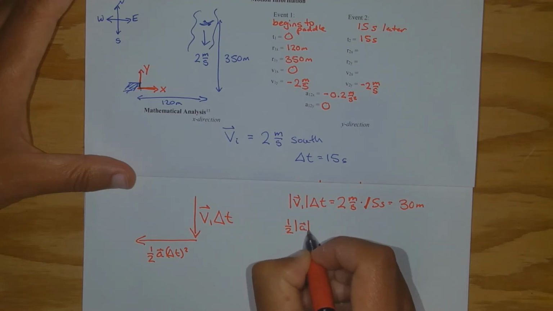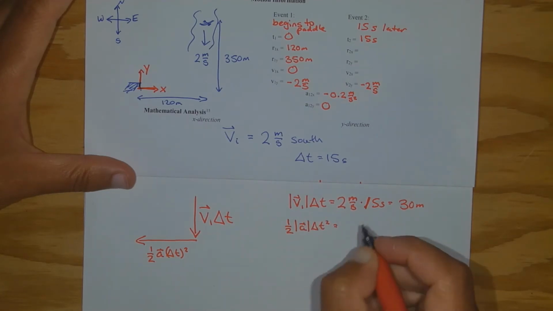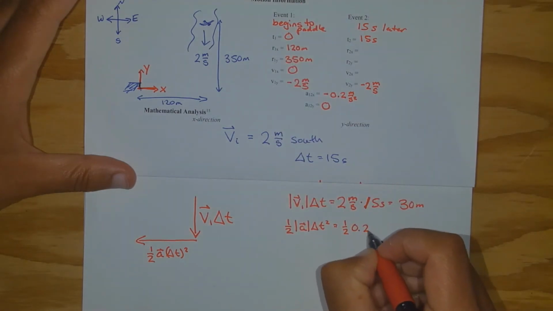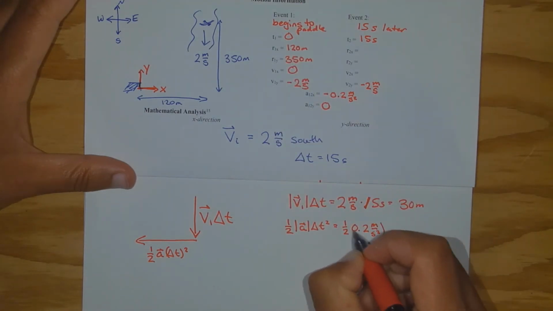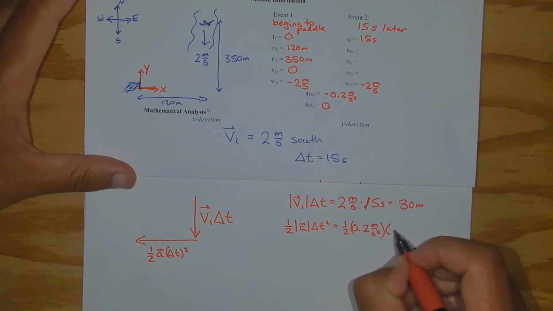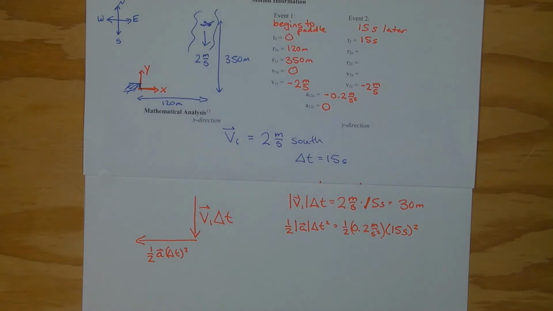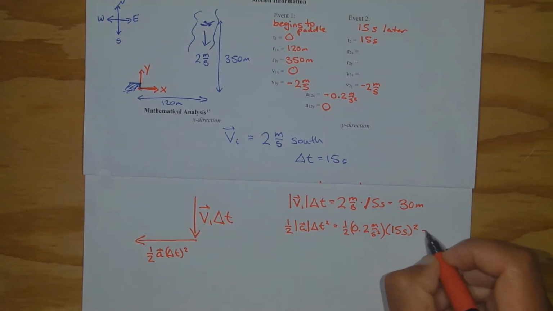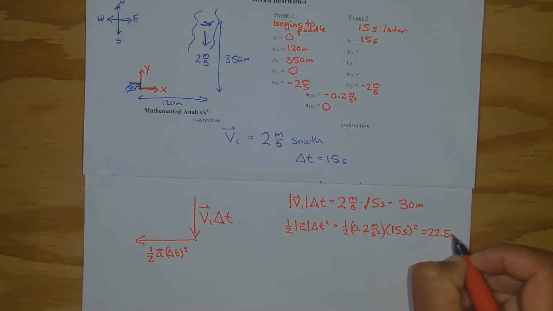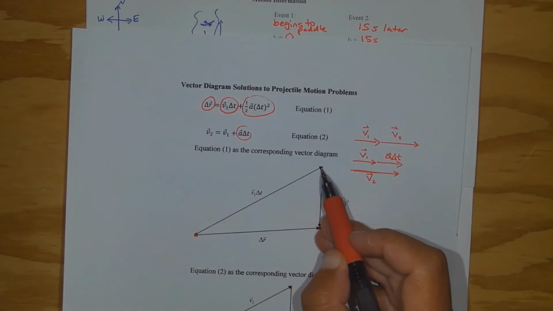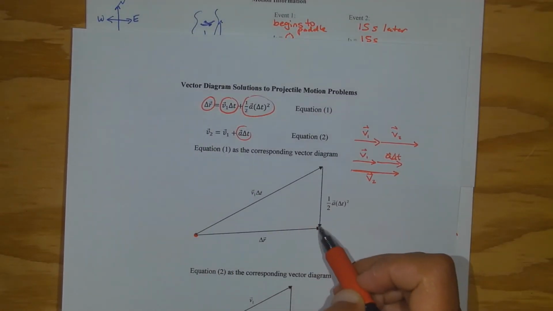The magnitude of the acceleration is 0.2 meters per second squared, and then I multiply that by 15 seconds squared. And that gives me 22.5 meters.